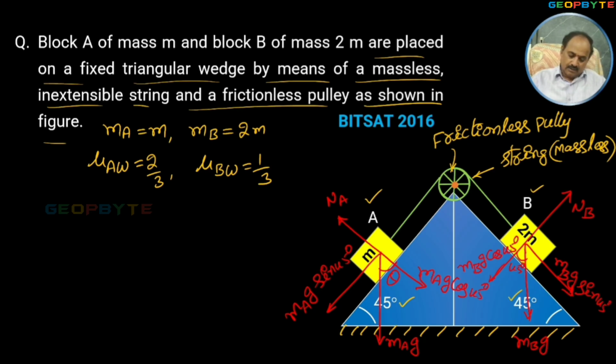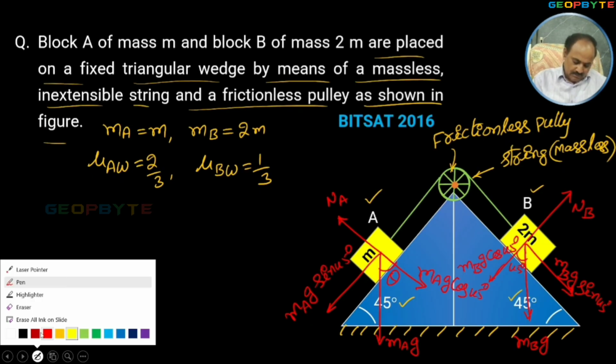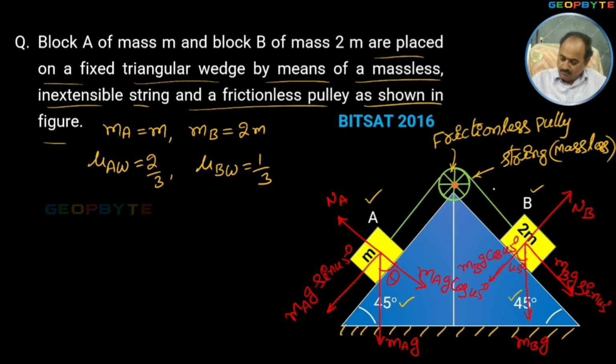Okay, now let us decide the frictional force. Since the weight of block B is more, block B is trying to move in this direction, while block A is moving in that particular direction.